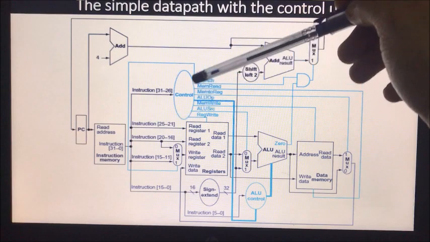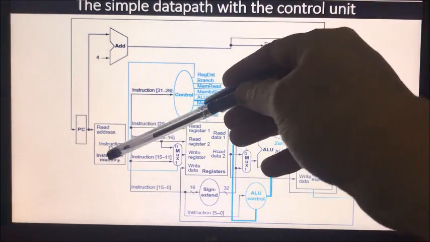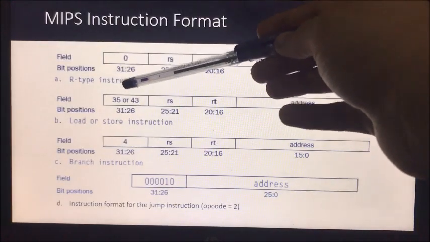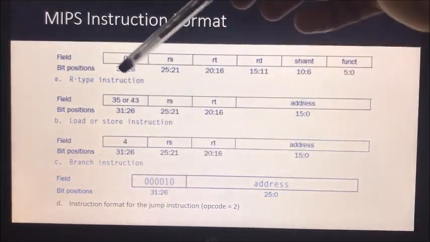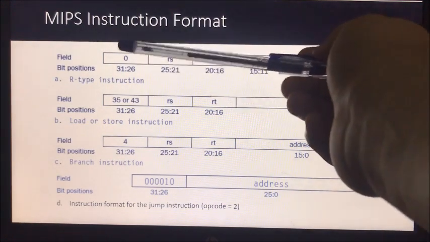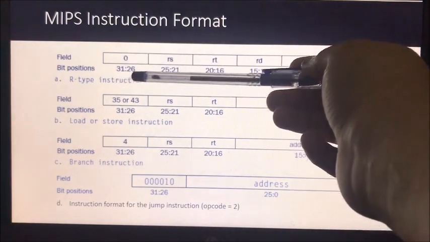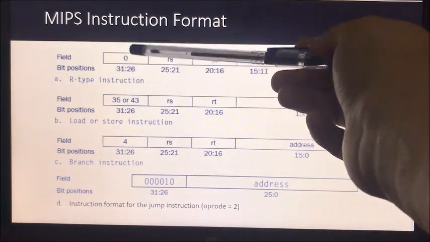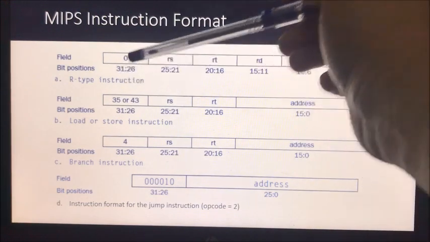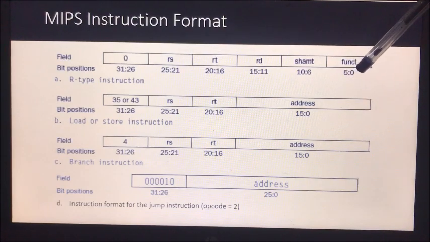So this control unit takes as input the 26 to 31 bits, which are taken from the instruction. These bits indicate what type of instruction it is and what type of operation it is going to perform. First of all, whether it is an arithmetic or logical instruction depends upon these 26 to 31 bits, which is 0. And after determining that, the actual function is determined using the 0 to 5 bits.